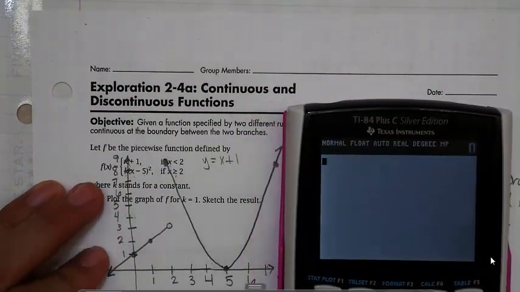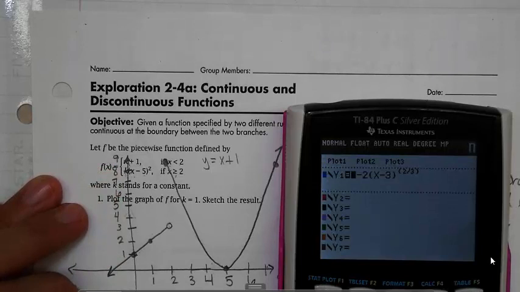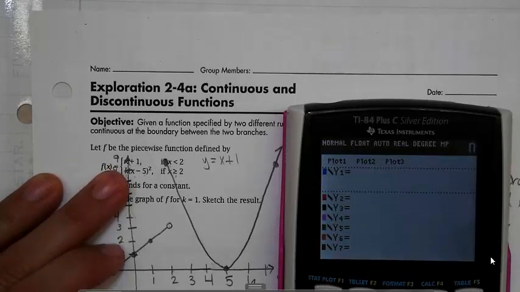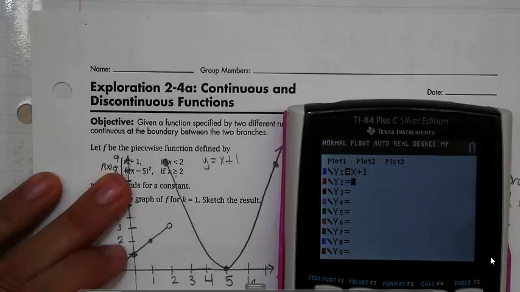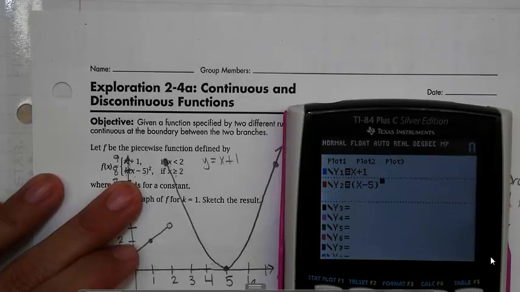All right, so I'm going to graph two pieces of this function. One of them is going to be x plus 1, and the other one's going to be, for right now, k was 1, so we'll just do x minus 5 squared.